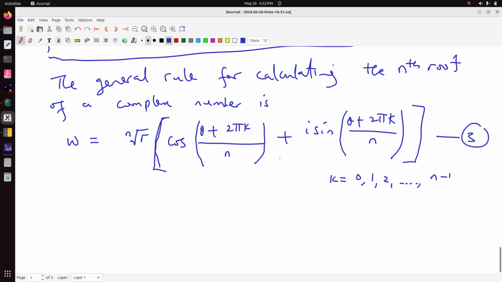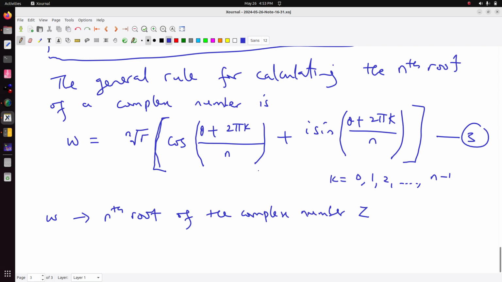In this case, W is the nth root of the complex number Z, r is the modulus of Z and theta is the argument.